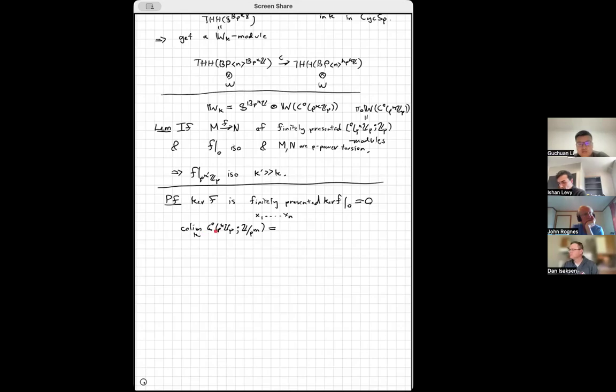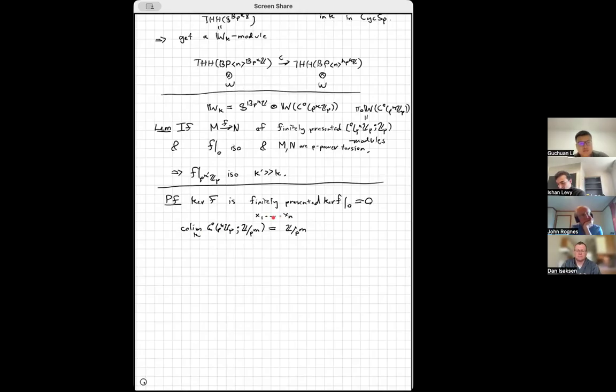So the point is that the colimit of the restriction maps, where you take a function on Zp and you restrict it to pZp and then p squared Zp and so on, you keep restricting. The colimit of all those maps is just Z mod p to the n. And that colimit map is given by restriction to the origin.